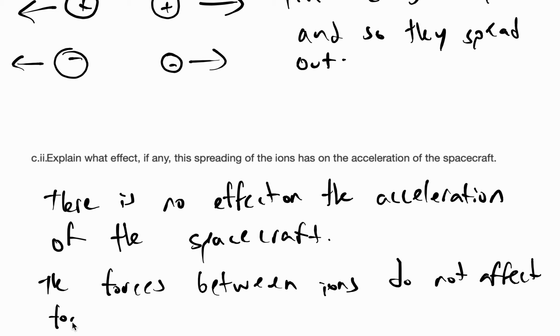So if they don't have an effect on the force on the spaceship, acceleration won't be affected, of course. So these are two possible answers you could give for this question. The forces between ions don't have an effect on the force on the spaceship, and hence there is no effect on acceleration of the spaceship.